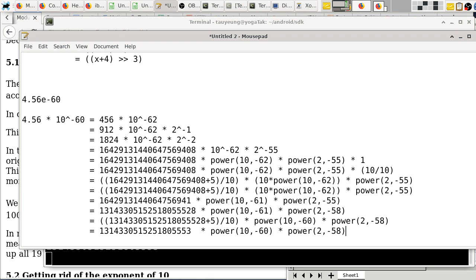Then you do a plus 5 and division by 10 again, and that will increase the power of 10 by 1, so you're now one step closer again. You can see the process is almost exactly the reverse of the other one, except what we're dividing is 10, and what we are multiplying is a power of 2. Are we good?